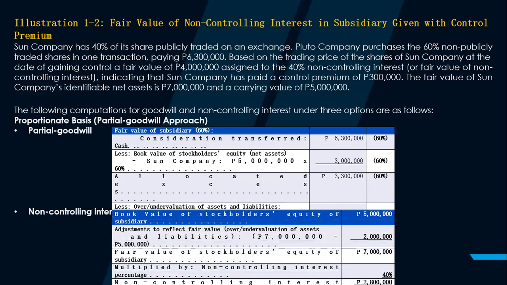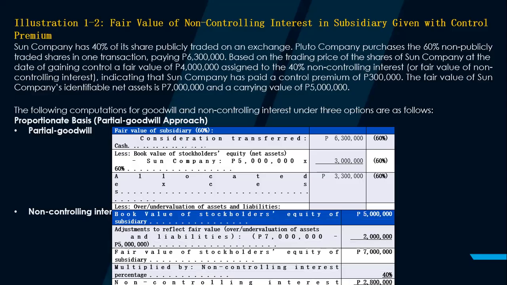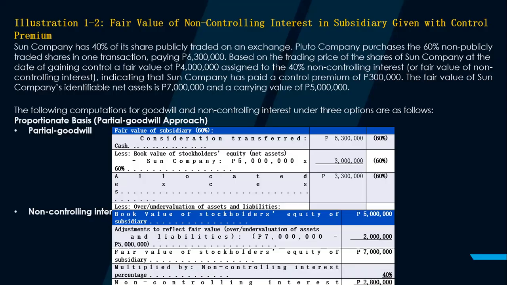So we have now 2.1 million for the difference here. So we have the difference of 3.3 million. That's for the allocated excess, and we deducted the amount of 2 million times 60%, 1.2 million.